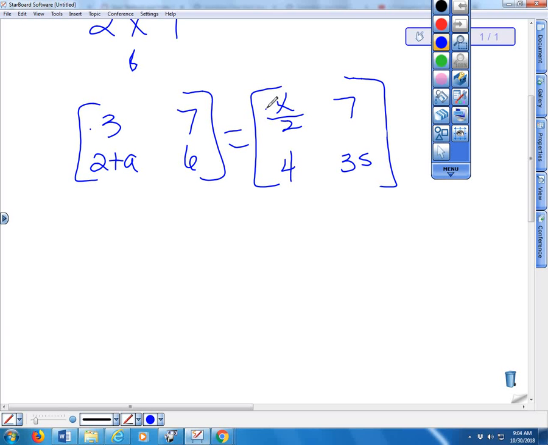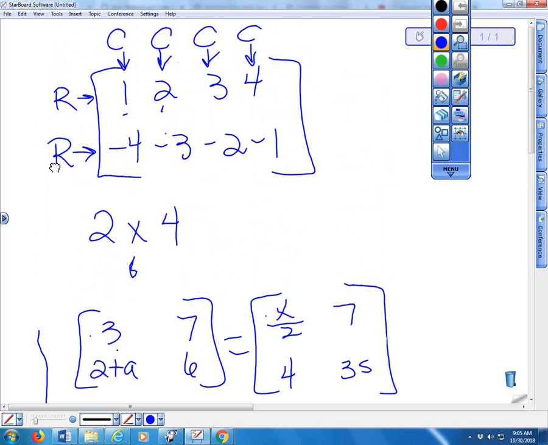If 2 plus A is equal to 4, what's A? 2. If 6 is equal to 3S, what's S? 2. That's a sample ACT test question right there. You understand that if it's an equivalent matrix, each element is equal to the corresponding element in the other matrix. Pretty easy. So these are called elements.